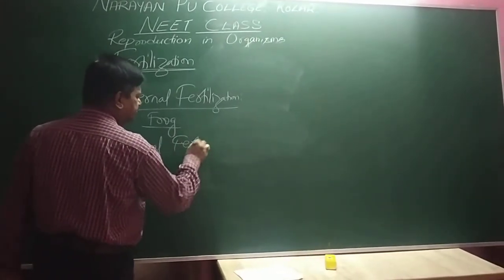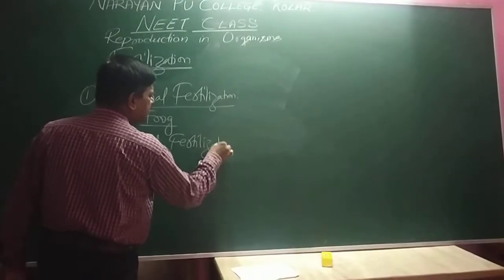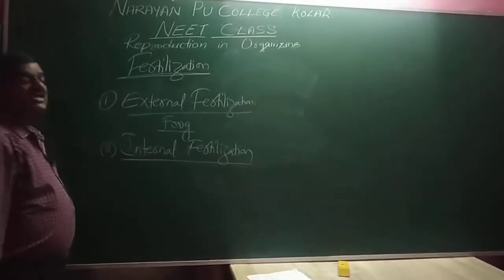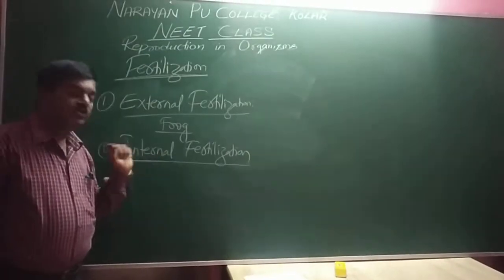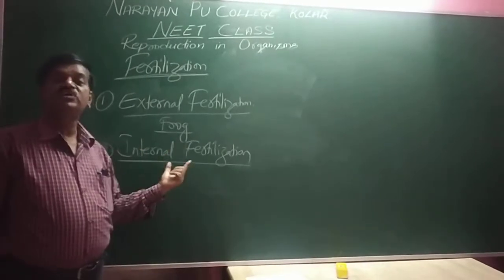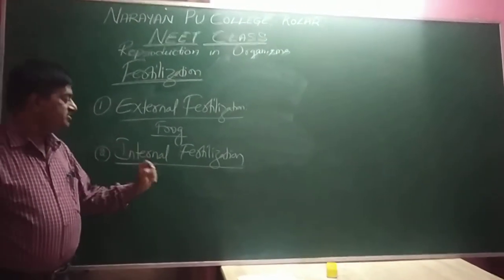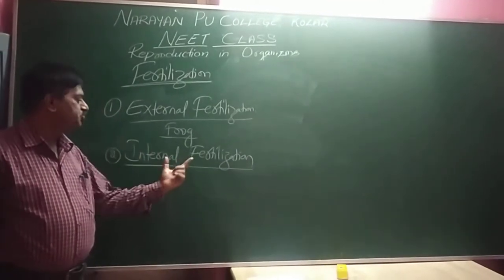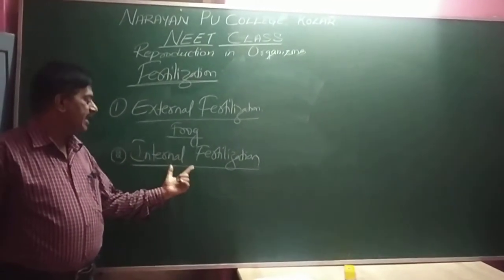internal fertilization. Internal fertilization means the fusion of gametes takes place inside the female body or inside the female uterus, inside the female individual. The male gamete and female gamete are fused.